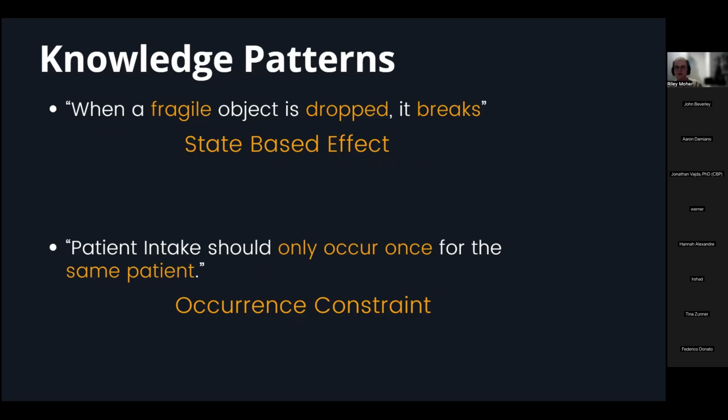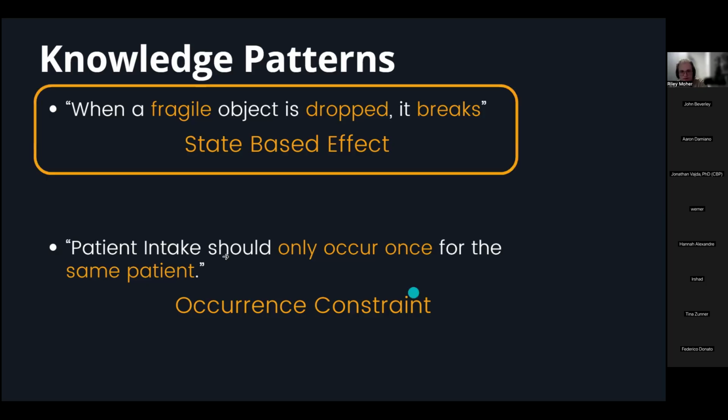Like some things may occur a certain number of times, exactly once, between 2 and 3 times. That's something that is going to be very common to many different domain processes. So let's take a look at what that looks like and how we specify it by zooming in on the state-based effect example.